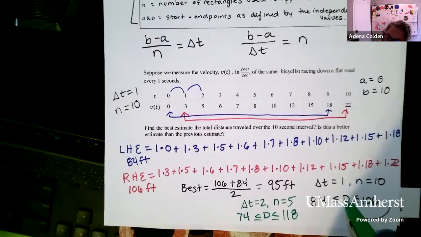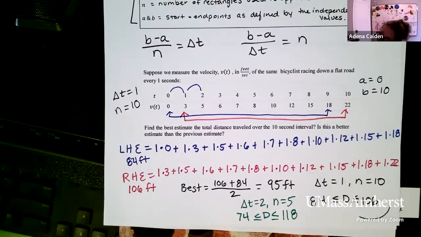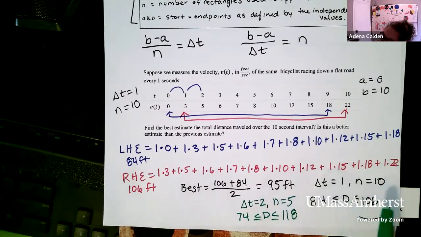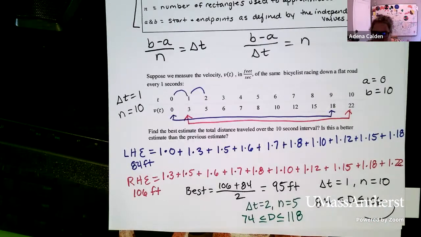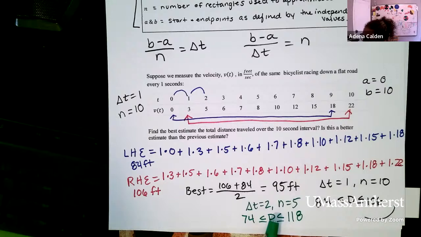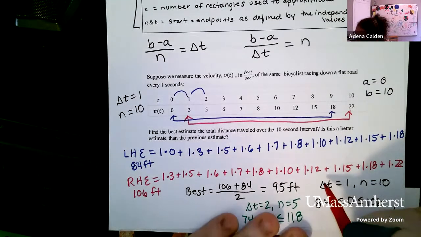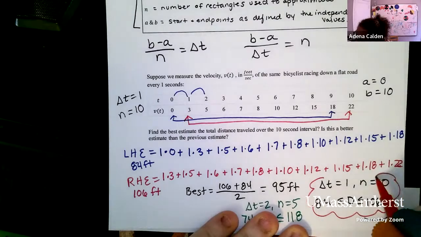So the current approximation has a smaller interval, which means it's a better approximation. There's only 22 feet between 84 and 106, a span of 22, whereas here the span is 44, which is much, much larger. So that means this is the better approximation.